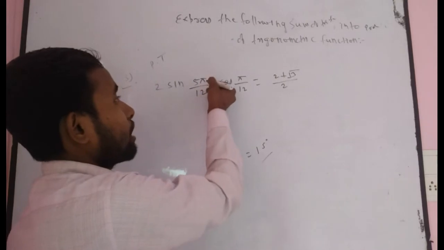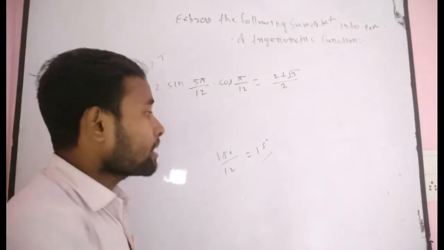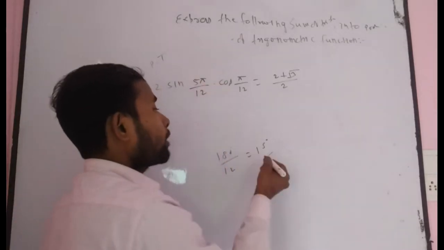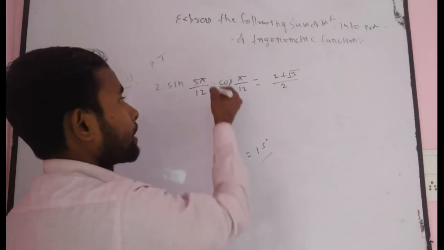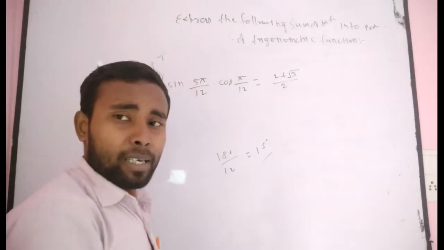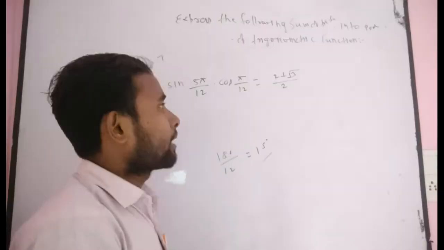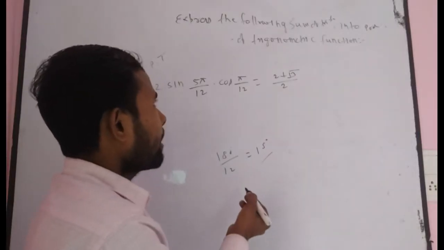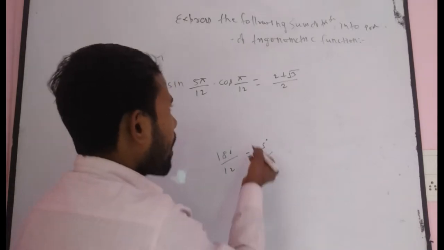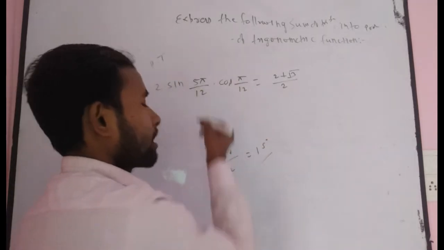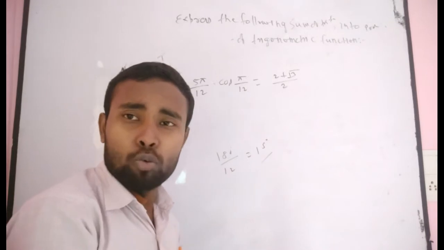Similarly, here it is also given 5 pi by 12, that means 75 degrees. I think you can find it using the compound angle formula, but this is a long way, and you have not remembered the values of cos 15 degrees and sin 75 degrees.